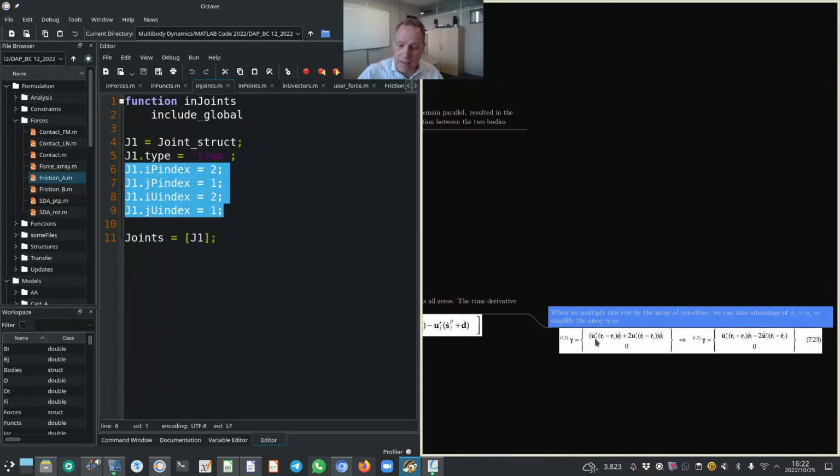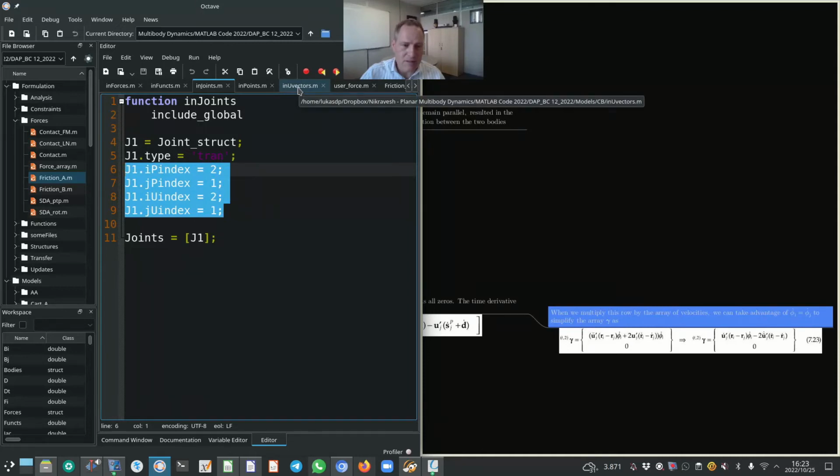We need uj, we need ri, the position of body I, position of body J, we need the angular velocity of body I, once again uj, ri dot, the velocity of body I, velocity of body J, the angular velocity of body I. The point is, everything that we need has been specified here in inputs in joints and also in U vectors.